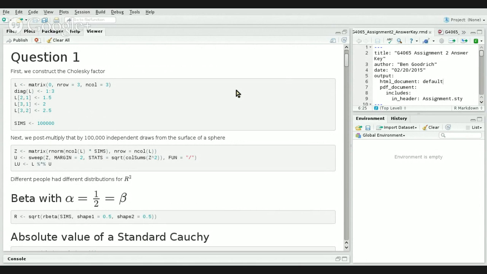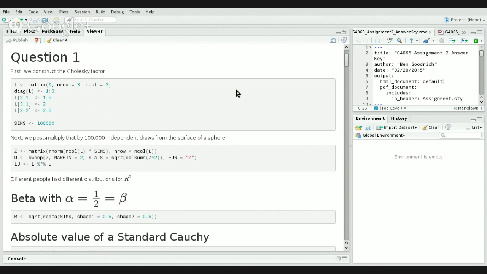So we can create a matrix of Z's, which is just going to have independent random normal draws in it. Then we can use the sweep function to divide each column. So Z is going to be a matrix with 3 rows and 100,000 columns. Then we can use the sweep function to divide each of the 100,000 columns by the square root of the sum of squares within that column.